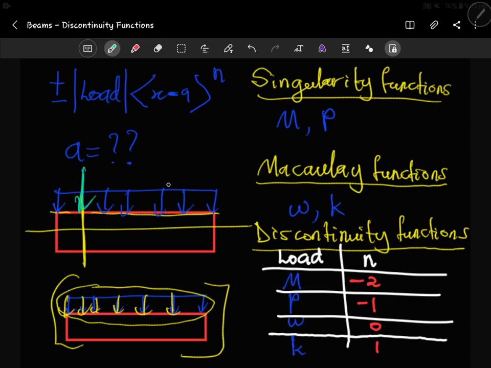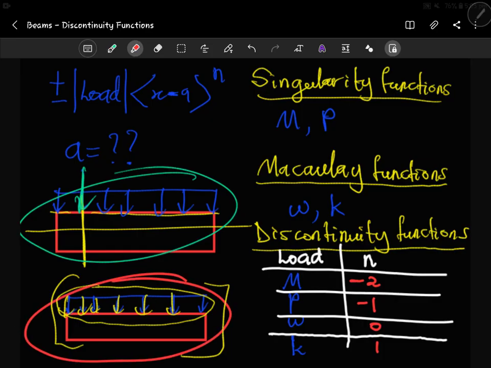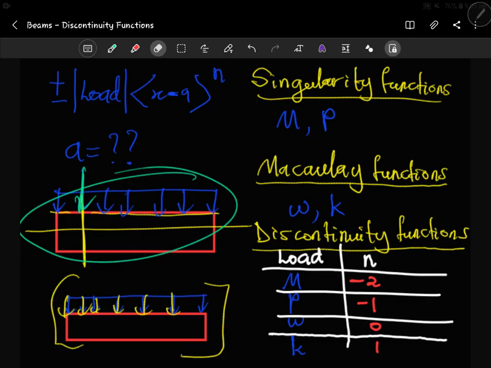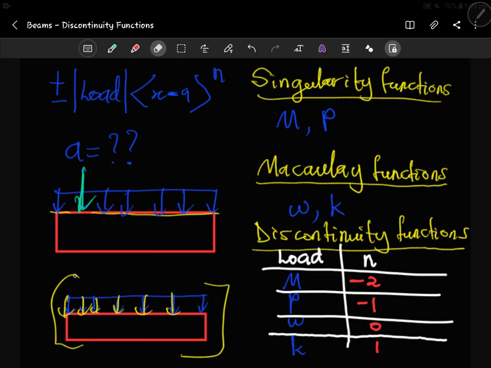So that's why we are saying this particular one is discontinuous, and this right here is continuous. Yeah, so that's the difference. And one way of solving discontinuous beams is by using the singularity functions, sorry, the discontinuity functions, that's how they are called.